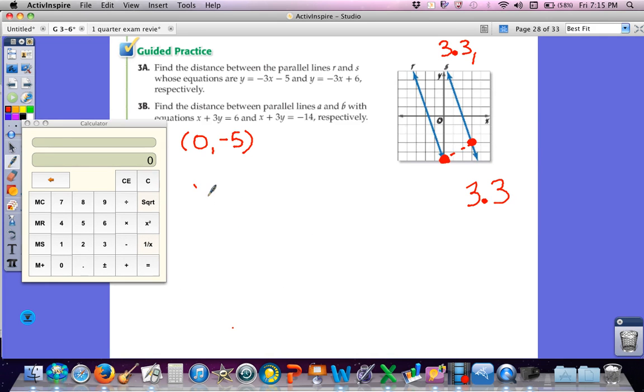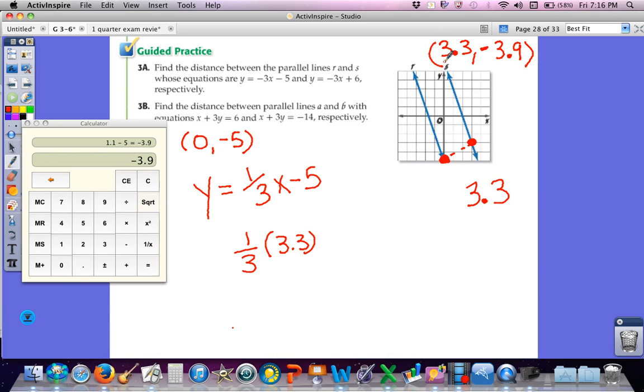So if I go back to the original equation, y equals 1/3 x minus 5, and I plug in 3.3, 3.3 times 1/3, or divided by 3, is 1.1. 1.1 minus 5 is -3.9. So it looks like my point of intersection is actually (3.3, -3.9).